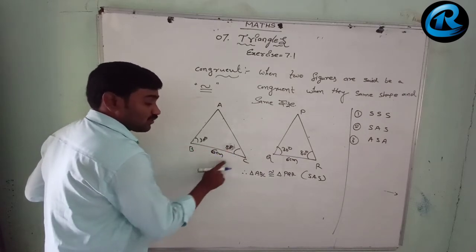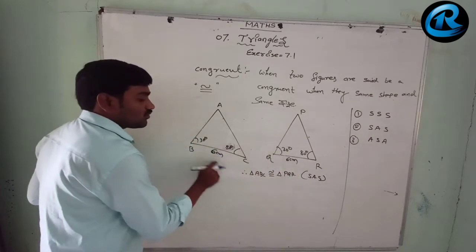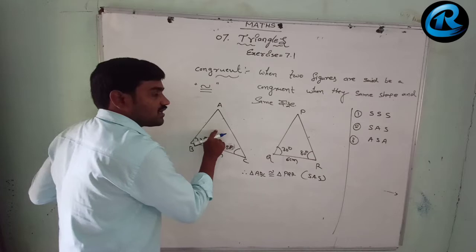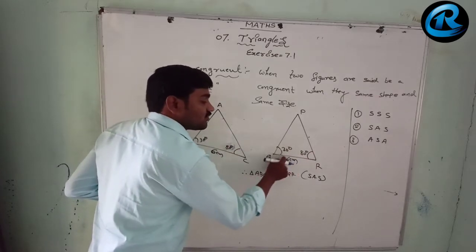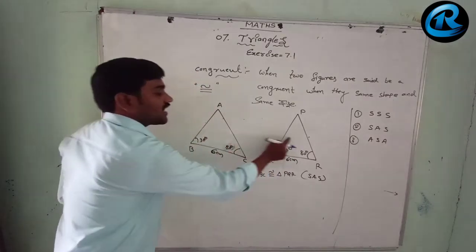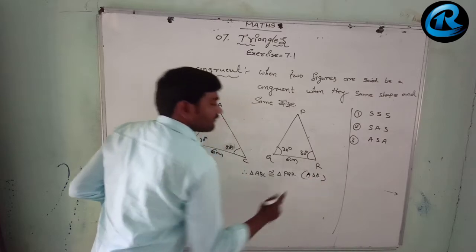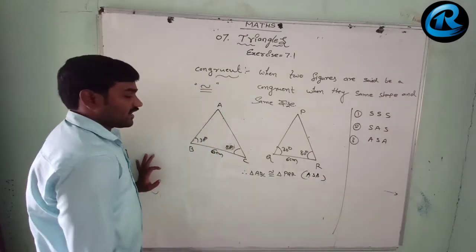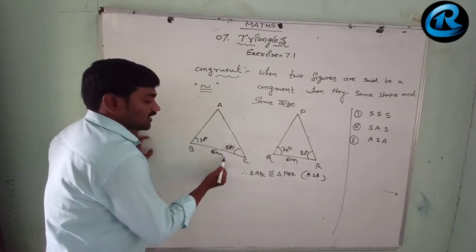If two angles and one included side of a first triangle are equal to the corresponding two angles and one included side of another triangle, then these two triangles are congruent by the rule of angle side angle.